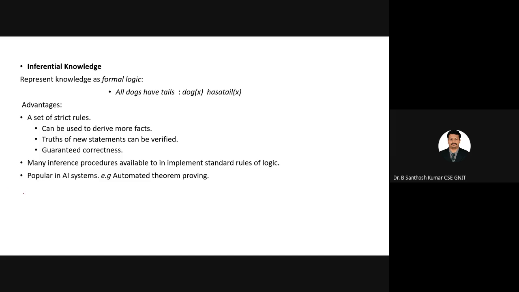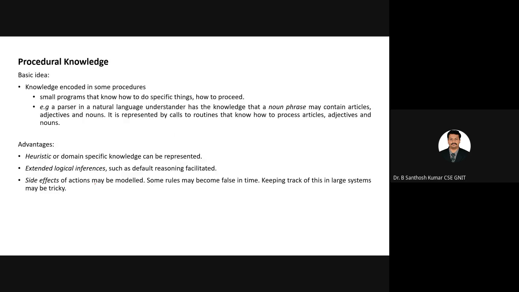And it is popular in artificial intelligence systems, for example automated theorem proving. I think you studied discrete mathematics, where we talk about this kind of representation: and, or, not, and so on.